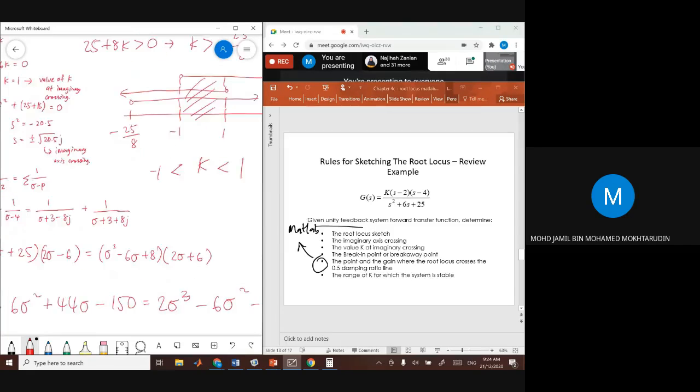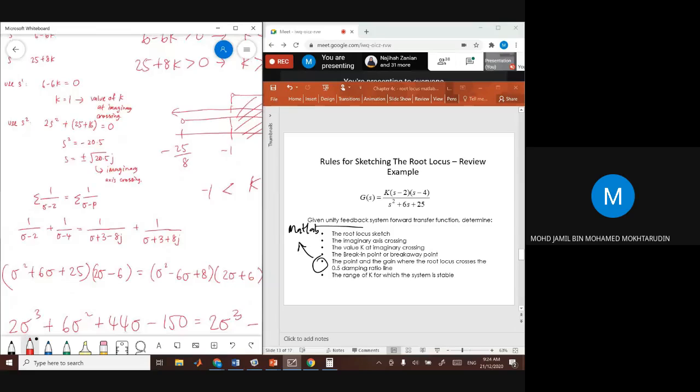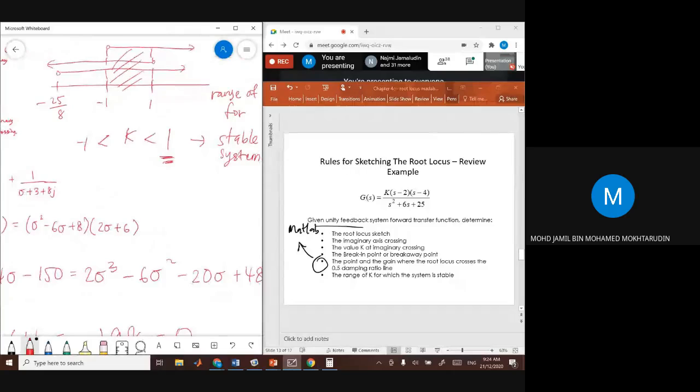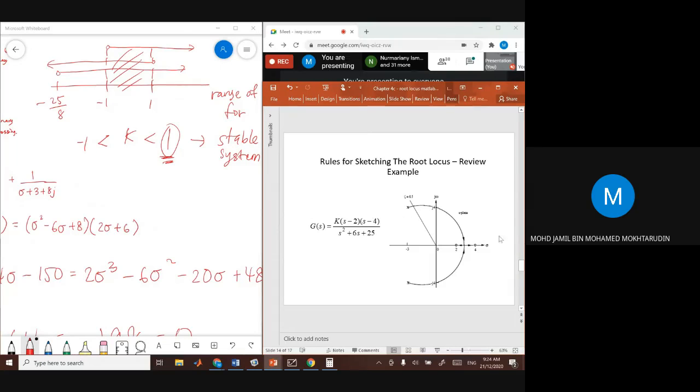Okay, so just now we find the value of K at imaginary axis crossing is 1. So for K bigger than 1, then the system is unstable. And if you look at the root locus, okay, so this is the root locus.